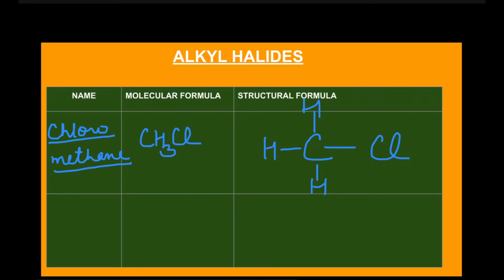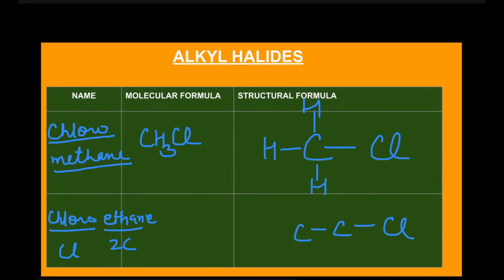The next member of this homologous series is chloroethane. Chloro, Cl, ethane means 2 carbons are there. So first of all, to write the structural formula, we have to write the carbons in it. Then there is this chloro. So we will write chloro.